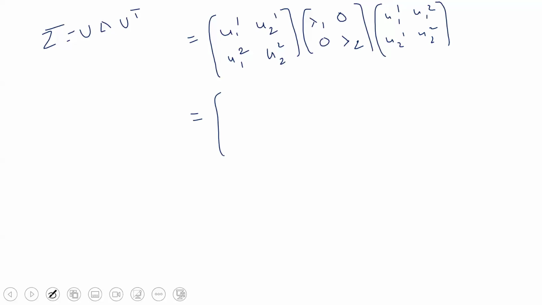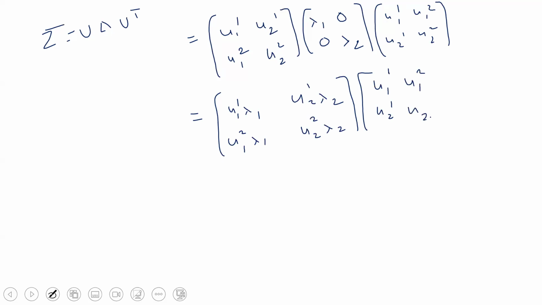Multiplying this out and summing, the first entry is u11 lambda 1 u11 plus u21 lambda 2 u21.